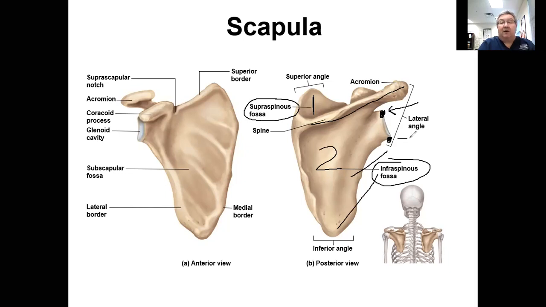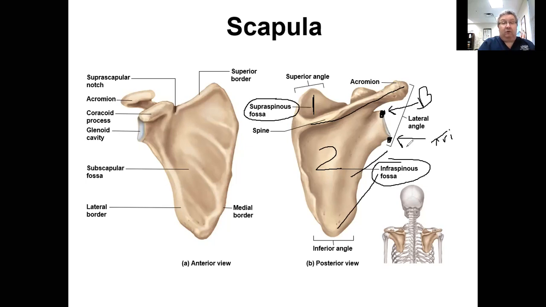On the bottom of the glenoid fossa is the infraglenoid tubercle, below the glenoid fossa. And it is here where the triceps muscle has its origin. So the long head of the biceps starts at the supraglenoid tubercle, and at the infraglenoid tubercle is the triceps.